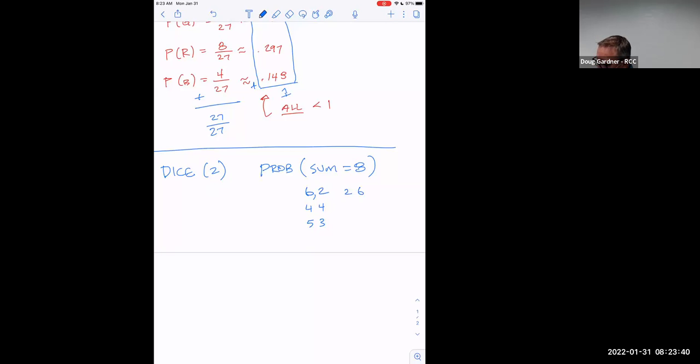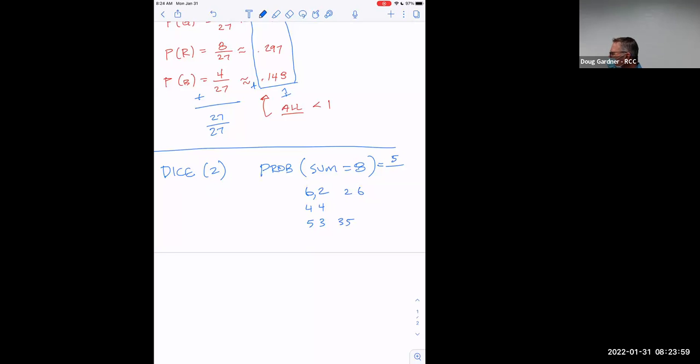So notice there's only one way to get two 4s, but a 5 and a 3 and a 3 and a 5 are different. So there's actually 5 different rolls that you could get that would get you an 8.